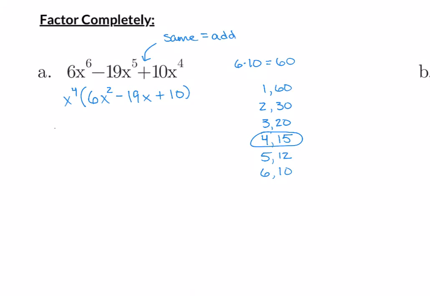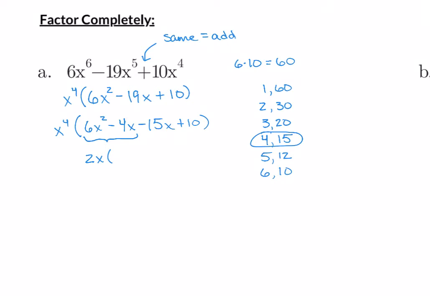All right, so I'm going to bring down my x to the 4th. I'm going to rewrite my middle term to get from 4 and 15 to negative 19. That means both of them have negative signs, so we get negative 4x minus 15x plus 10. All right, in the first set, what can we factor out? We can factor out a 2x.